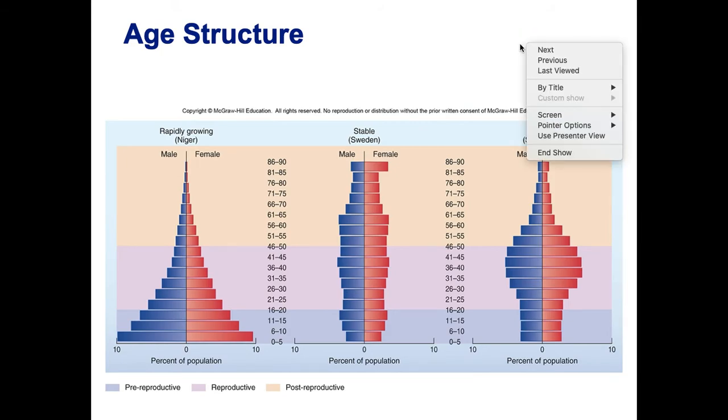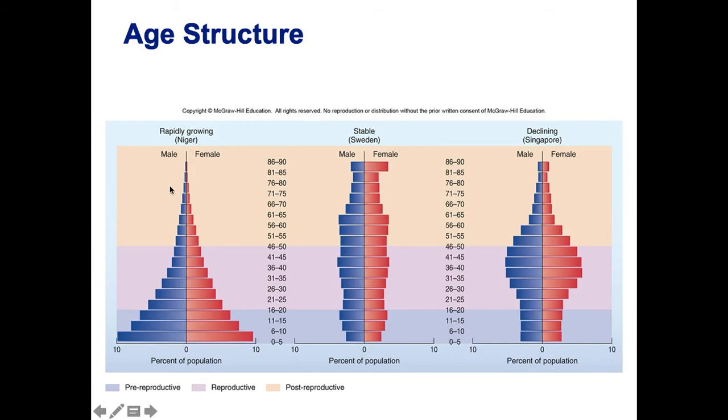So you can see here, this is the country of Niger. Most of the population is between 0 and 20 years old. That is the largest proportion of the population. And as you get into the child rearing years, there are less, and there are more of them than there are the oldest people. This population is growing really quickly.